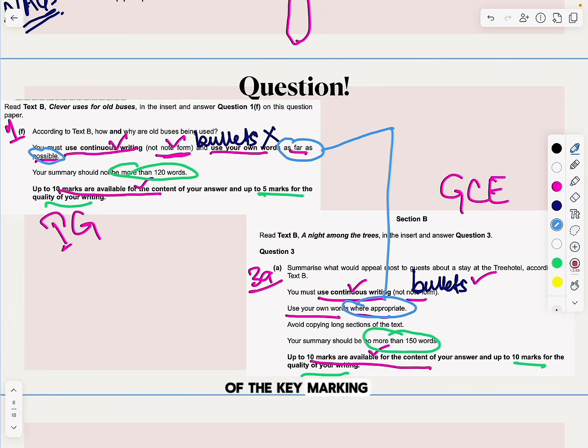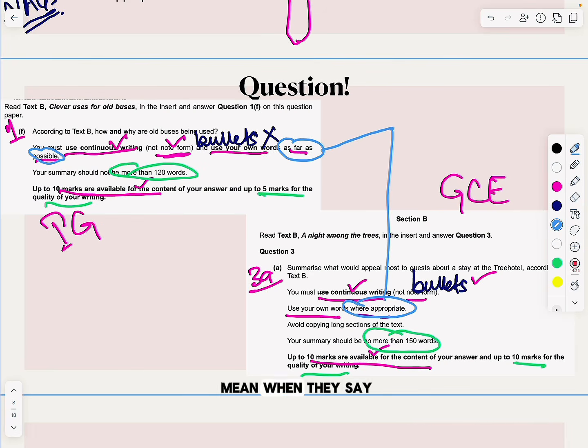Please remember that one of the key marking criteria for a summary writing question is usage of your own words, because lifting, which is the term that examiners use for copy pasting, lifting the text from the text that they have given you and then simply copying it out and pasting it down and writing it exactly the way that it has been given will not give you a mark, because why would the examiner give you a mark for something that they have provided to you in the first place? The marks are for you producing a summary in your own words while using Text B as a guideline.